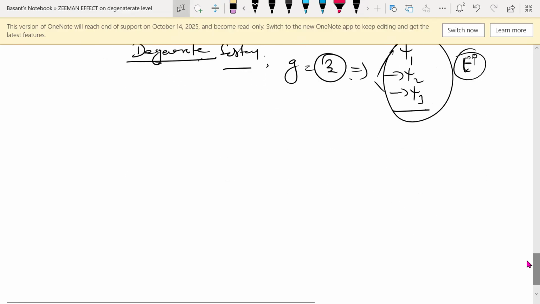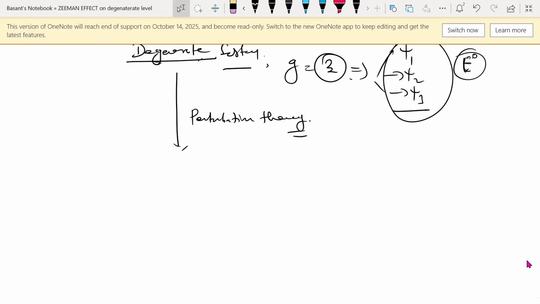Now, after applying the perturbation theory, we get a 3 by 3 determinant, that is the secular determinant, and this determinant contains the elements H dash 11, and so on.